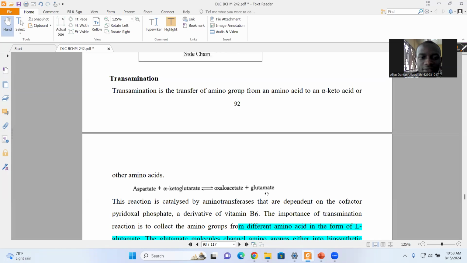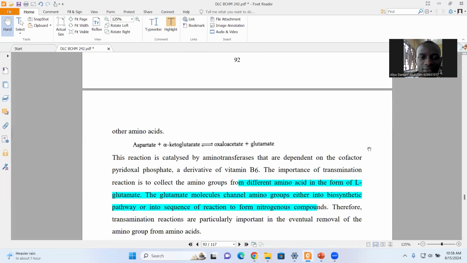But for glutamate to be formed, you need an amino group from somewhere. And this amino acid has an amino group. So it forms the glutamate while it itself is being converted to oxaloacetate. Okay. So basically, this is what's happening here. And this reaction is catalyzed by aminotransferases that are dependent on a cofactor.